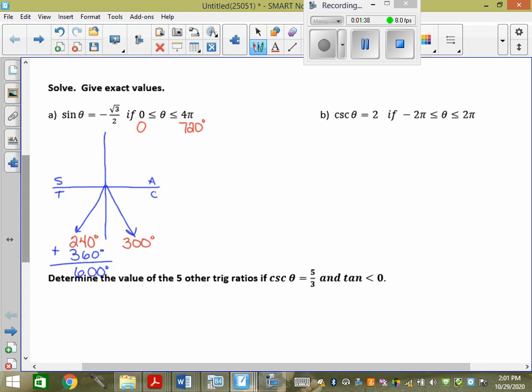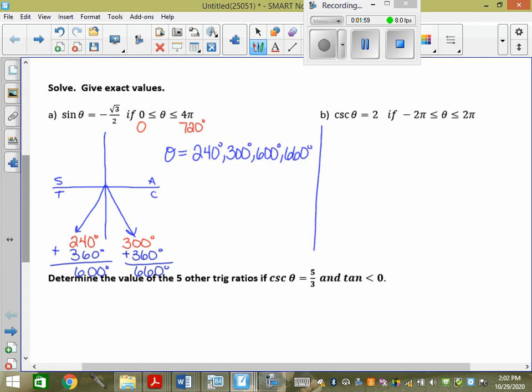If I add my 360 to this one, I get 660. Do both of those fit? Yes. So I actually have 4 answers: theta equals 240, 300, 600, 660, which are all lovely answers.